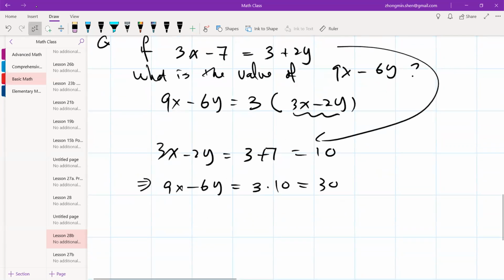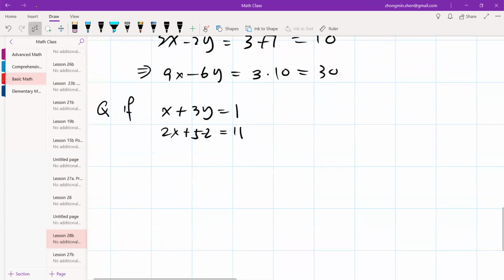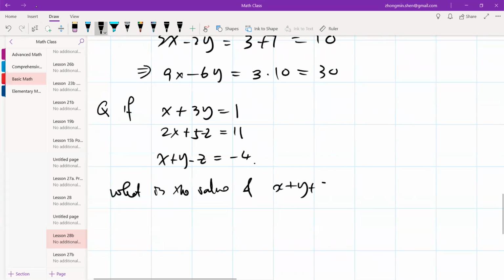The next problem is a brand new problem. It involves 3 variables. But if you get the idea, you should be able to solve it. So you have 3 unknown variables satisfying 3 equations, and the last one is x plus y minus z equals negative 4. So what is the value of x plus y plus z?